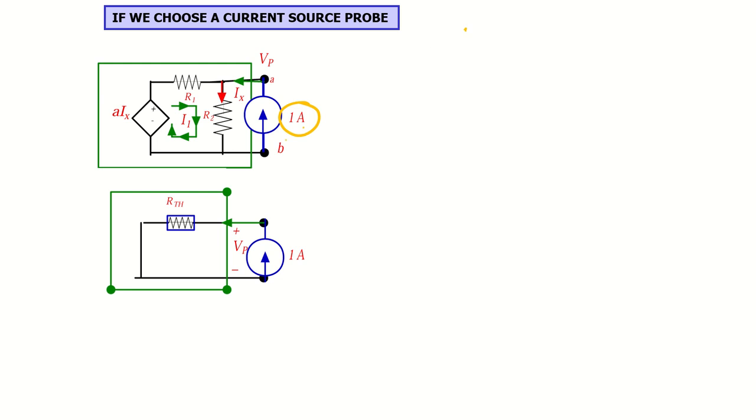Now my target is to find the voltage drop, Vp. Again, R Thevenin is basically voltage divided by the current. The current we already know, this is 1 ampere. So once we find the Vp, we can find the R Thevenin. This is how we will analyze the circuits with dependent voltage sources or current sources.